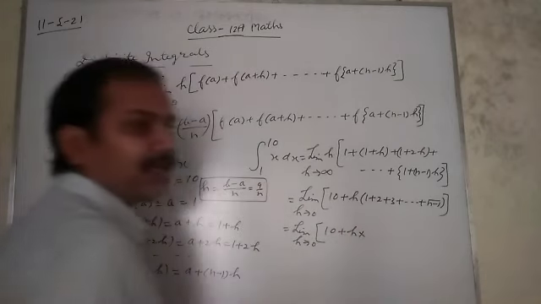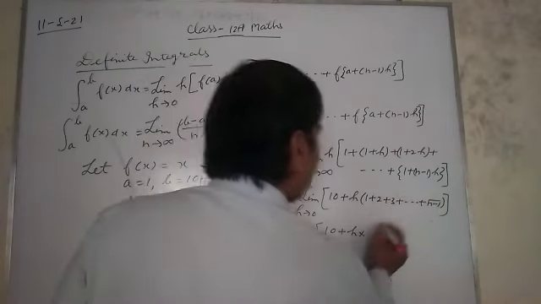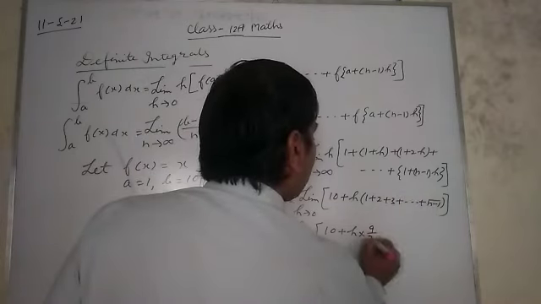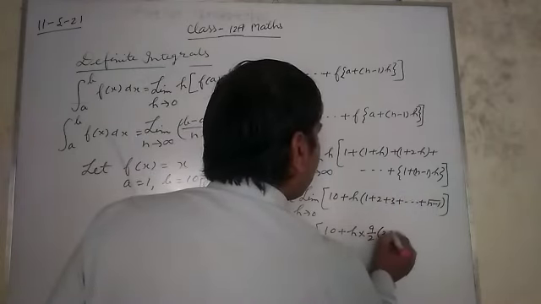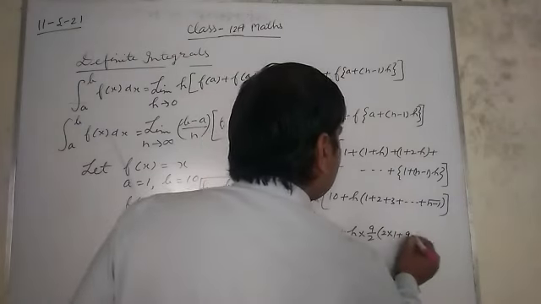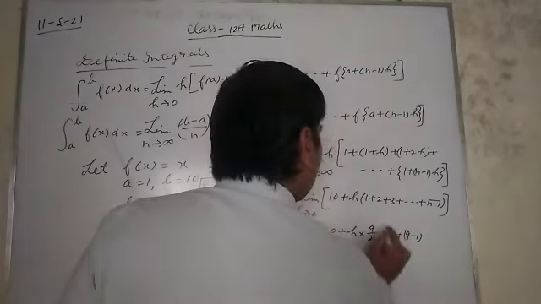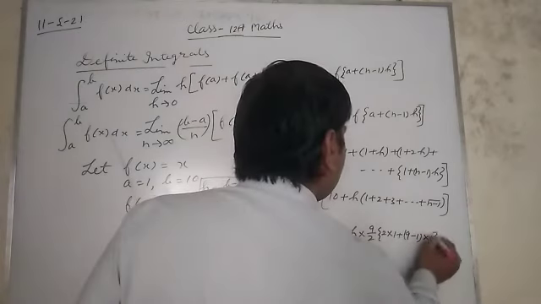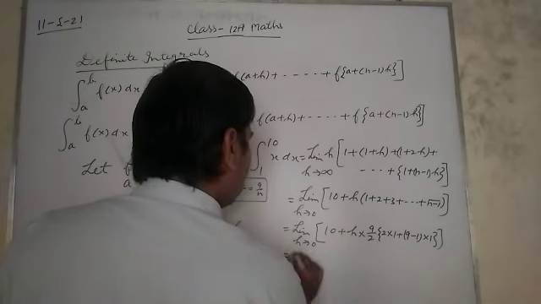And this is an AP, so sum of 9 terms: 9 by 2, then 2a means 1 plus, n minus 1 means 9 minus 1, and common difference also 1. So simplify it.